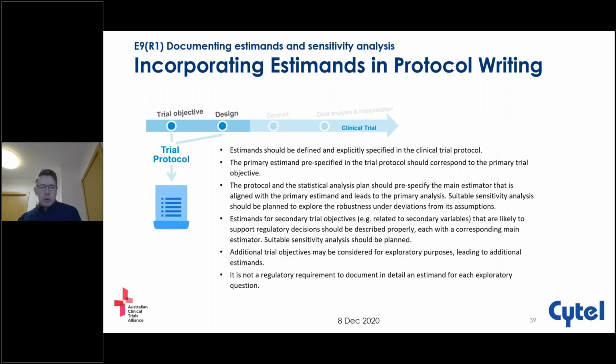So in the guidance, it talks about how to incorporate estimands in the protocol. And again, there's quite a lot of information in the document about how to include estimands in protocol writing. And if you go back to the Transcelerate web page I mentioned at the beginning, it does give there a protocol template which incorporates estimands sections and tells you where to put them and so on.